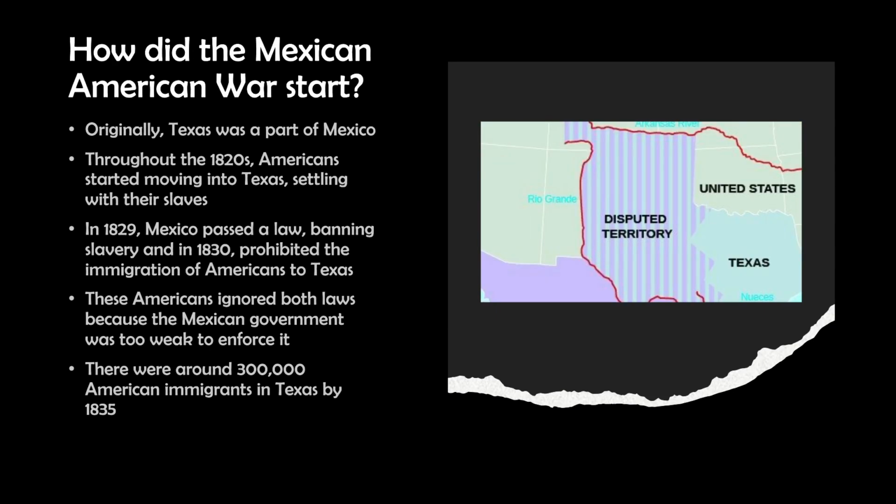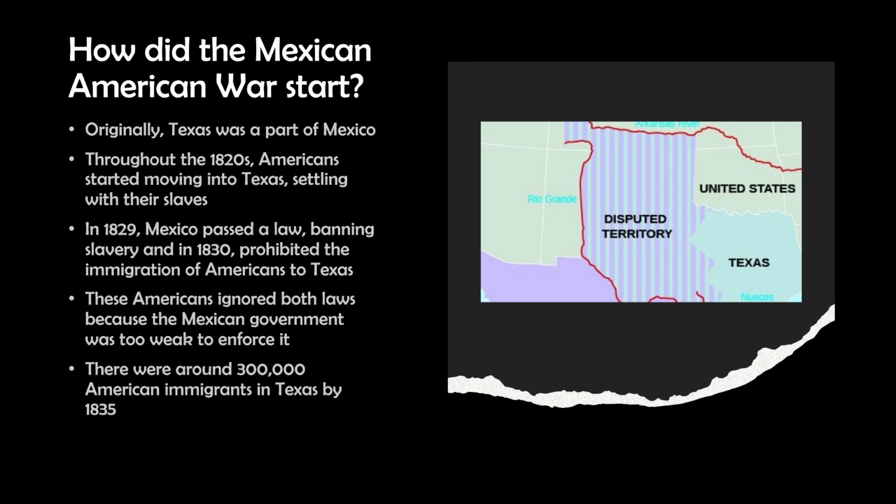So how did the Mexican-American War start? Originally, Texas was part of Mexico. Throughout the 1820s, Americans started moving into Texas. Considering it was in the South, they started settling with their slaves.